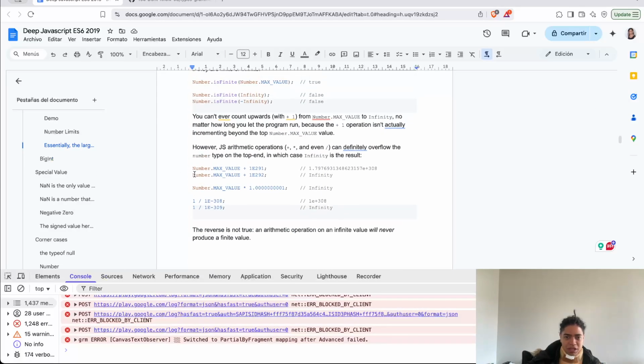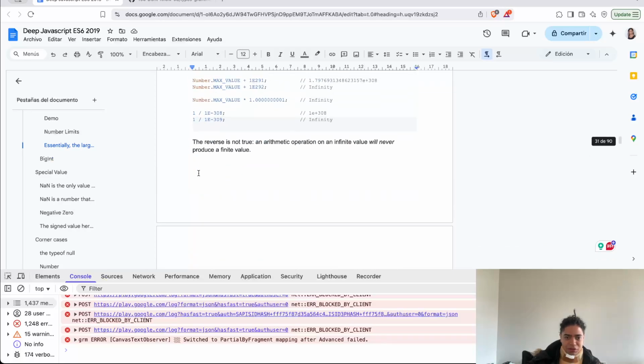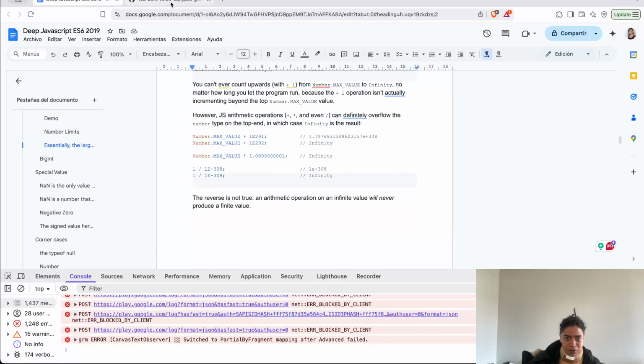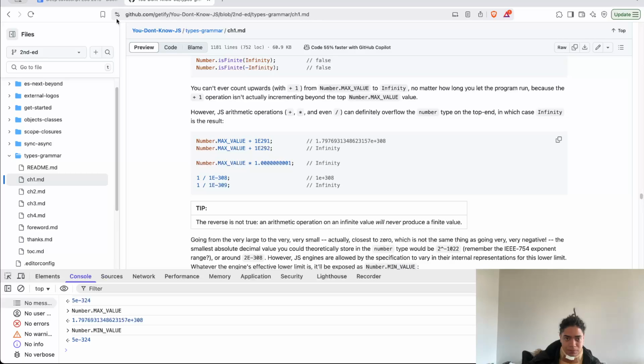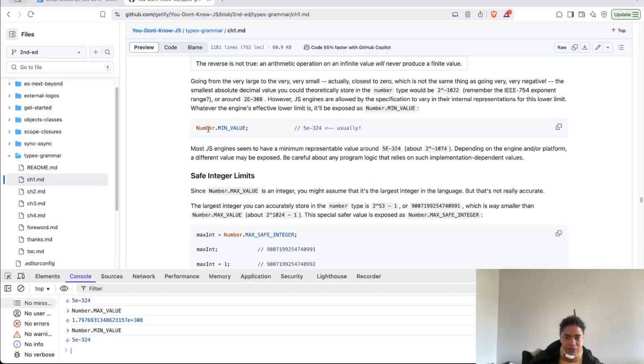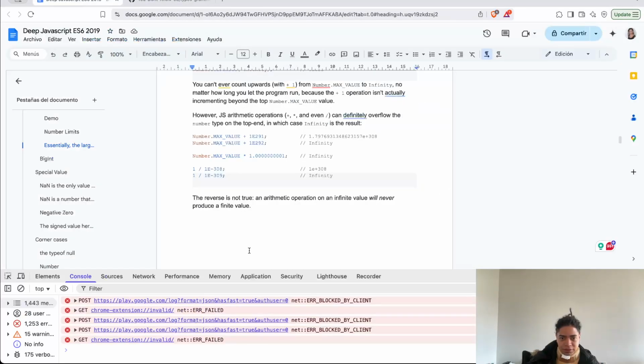And now we get this max value and lower value as it is, where the number min value is usually this. All right.